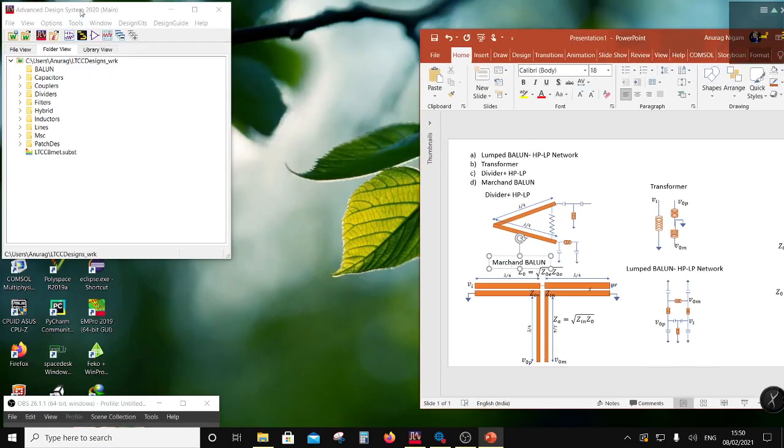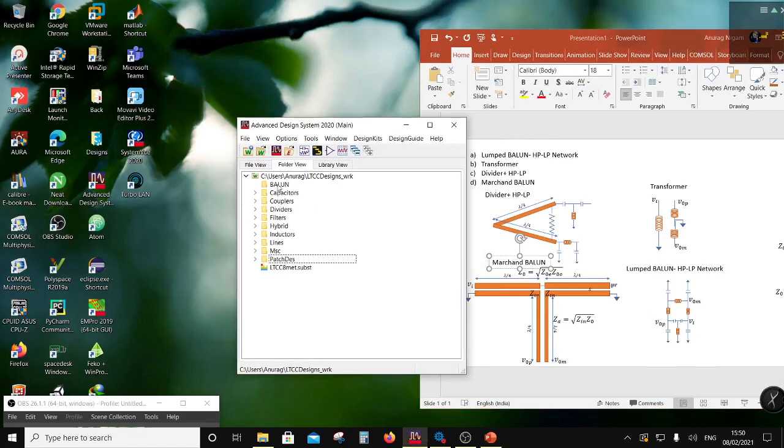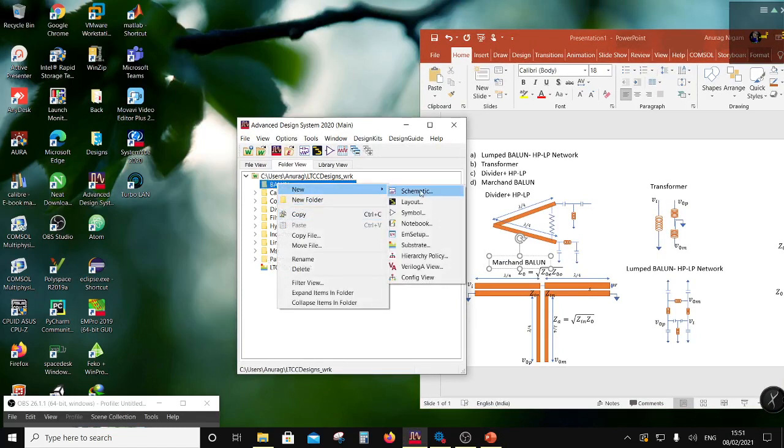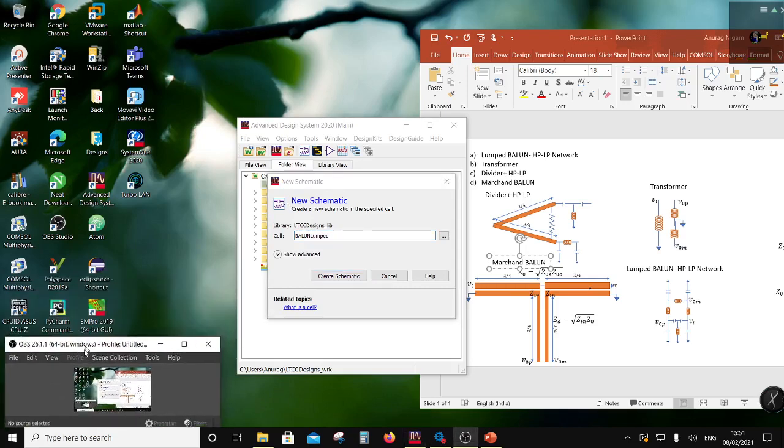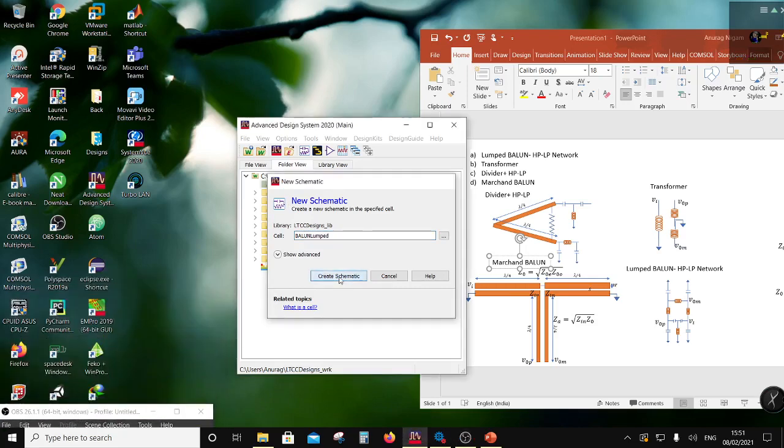ADS. Okay, so in ADS, I've created a folder, and I'm going to create a new schematic, and I will call this, let's say, balun lumped. Okay, let me make sure I'm recording. Yeah, so I'll call this balun lumped.